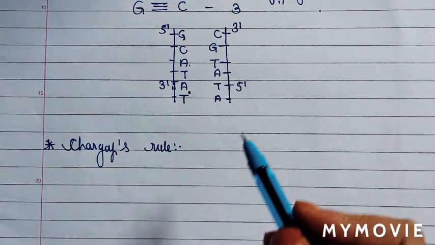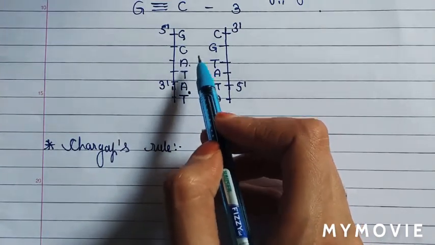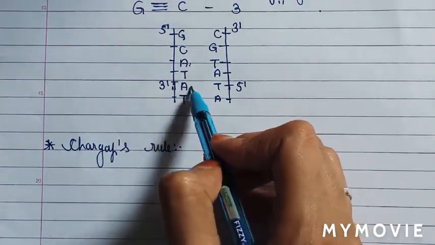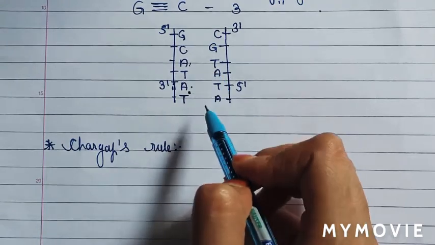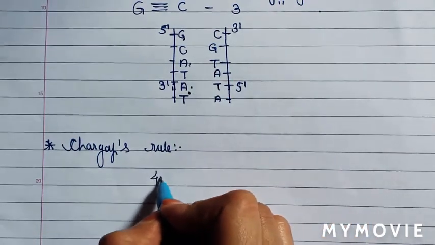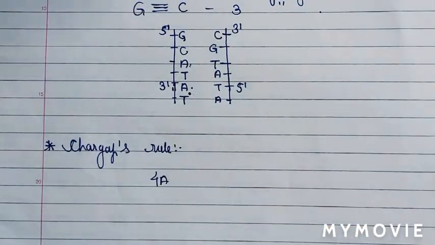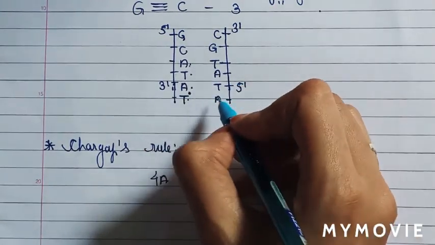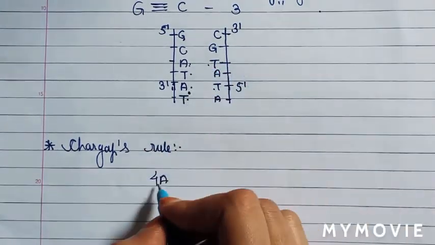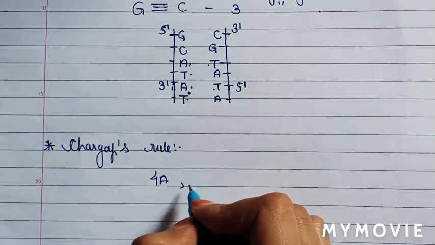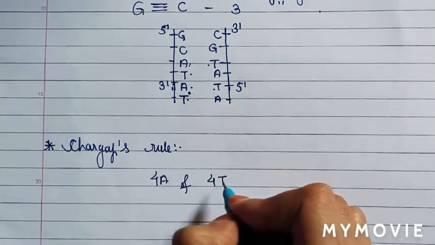You can see here the number of adenine in this DNA strand: 1, 2, 3, 4. Four adenine are present, and here you can count thymine: 1, 2, 3, 4. So 4 adenine and 4 thymine are present.